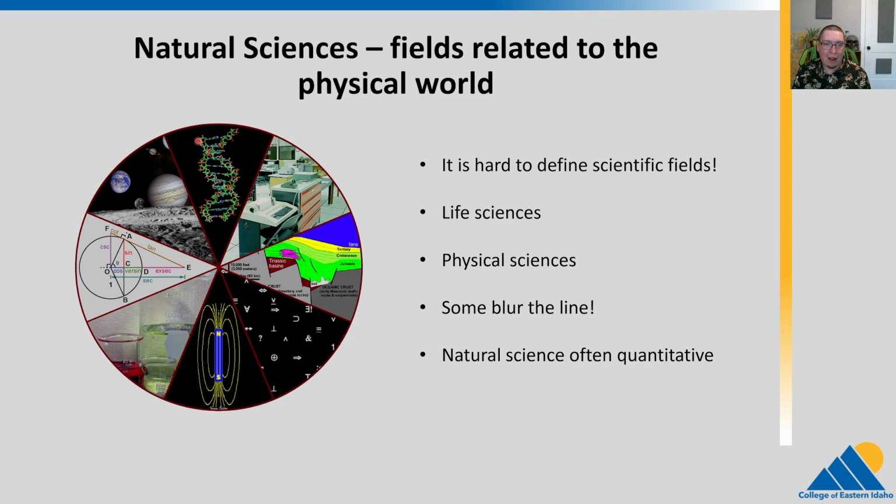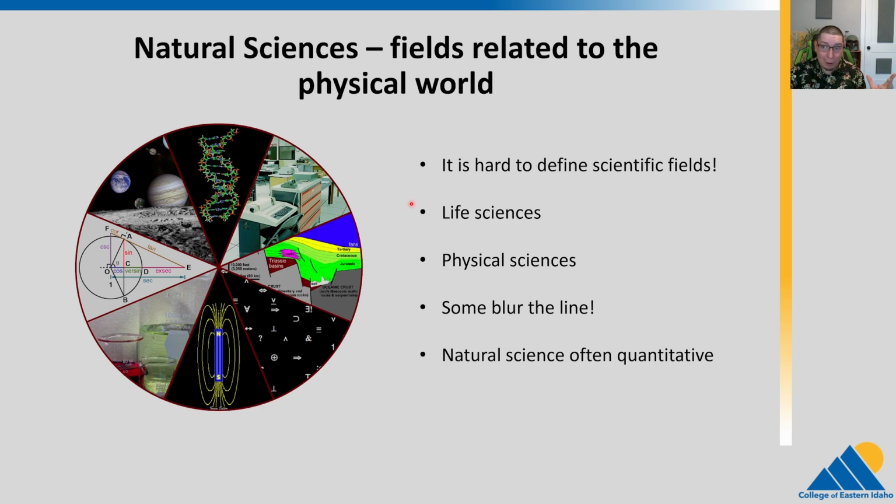Common problem in science is we like to group things into nice, neat little boxes. And the reality of the world is it doesn't always fit in nice, neat little boxes. So sometimes it's really hard to define the different scientific fields. We tend to break it up into like the life sciences. That is stuff that involves biology.